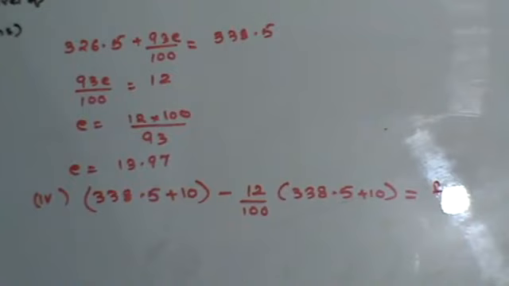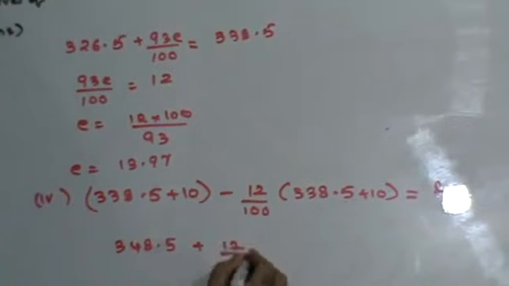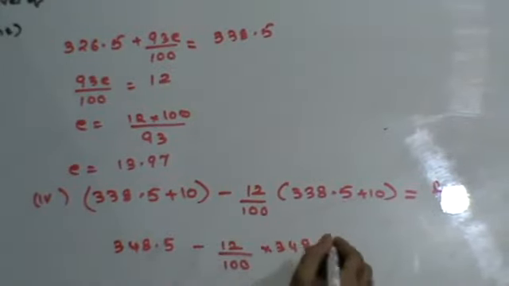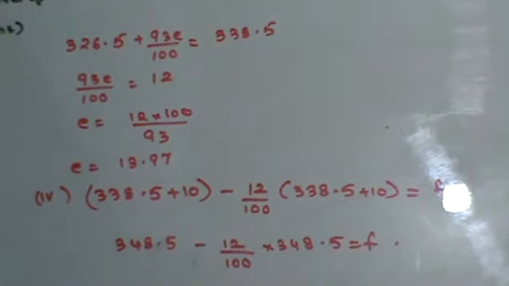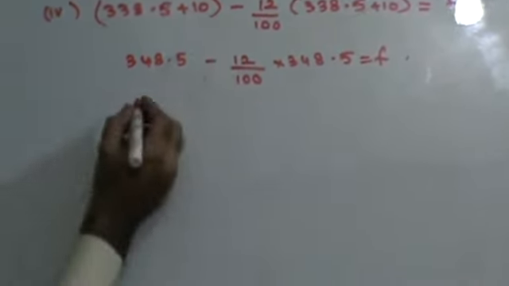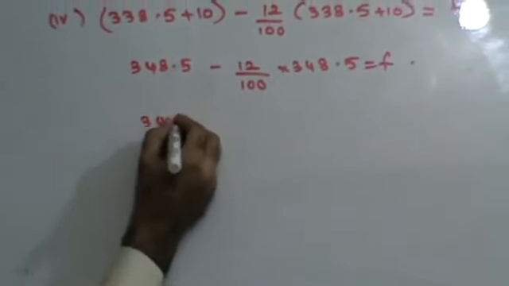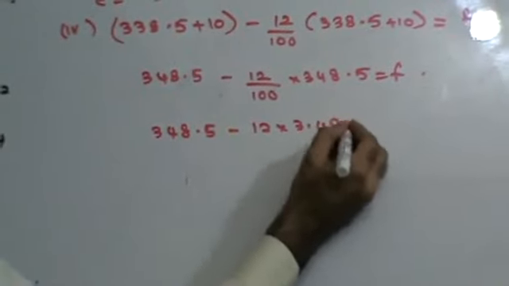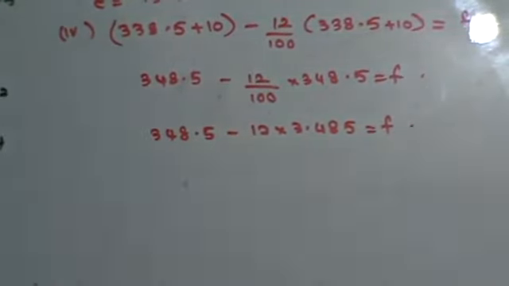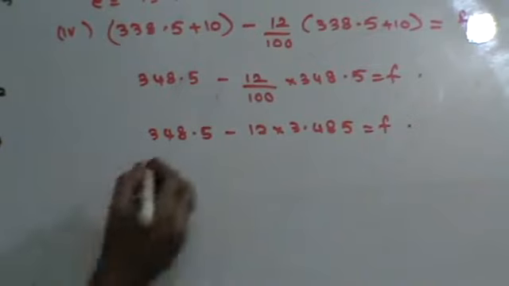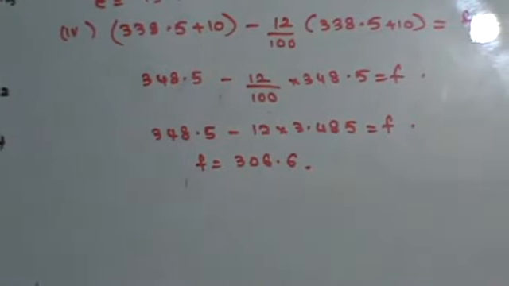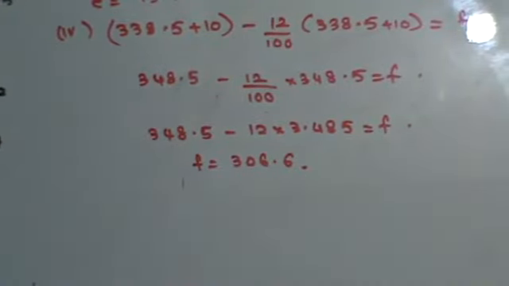So if you solve this, this is 338.5 plus 10, so 348.5 minus 12% of 348.5 will give you F, right? So in that case, this will be 348.5 minus 12 into 3.485 will give you F. When you solve this, you should get F as 306.6. So at the end on Friday, you had 306.6 centimeters of water.